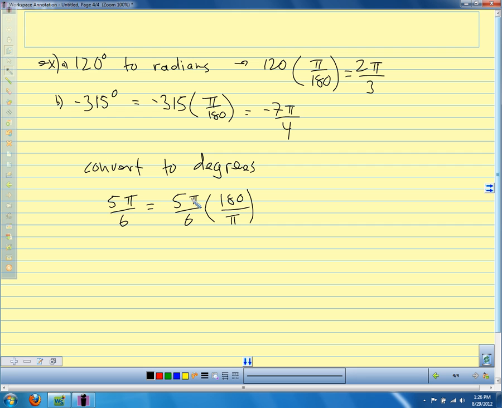Our pi's are going to cancel, and we just have to work with this fraction, and this turns into 150 degrees. Multiply 5 times 180, divide by 6, and I get 150 degrees. They don't always come out perfect. It just turned out that way in this example.